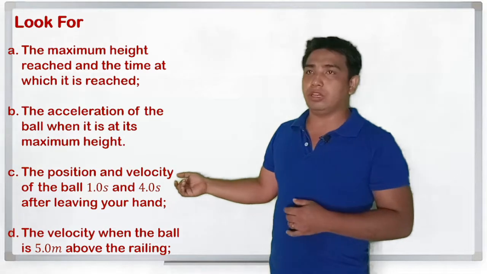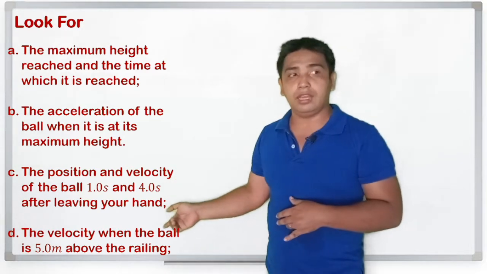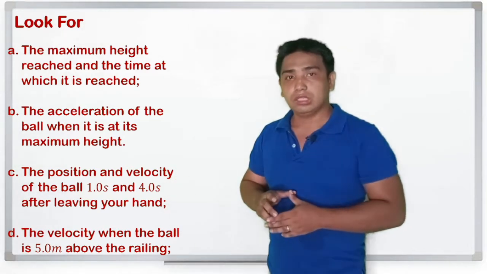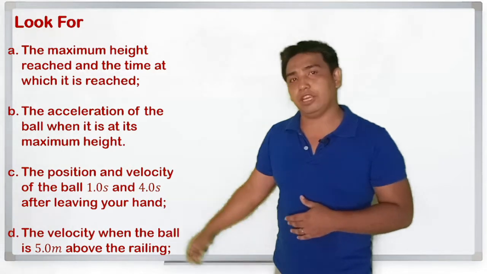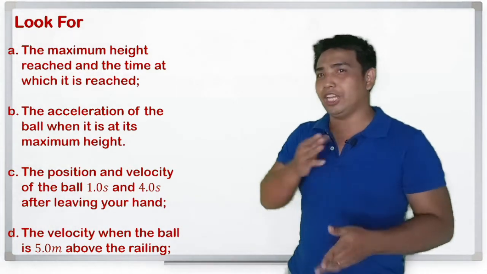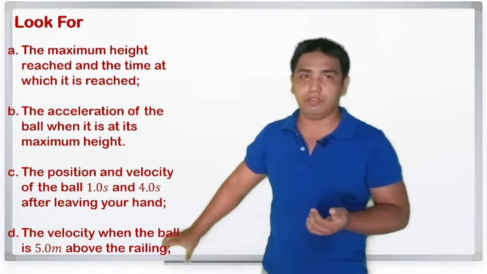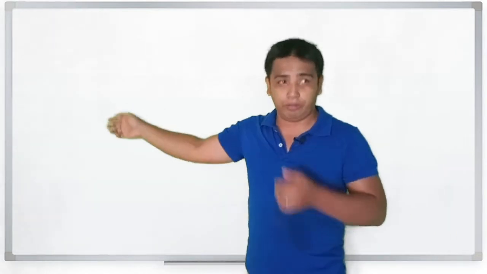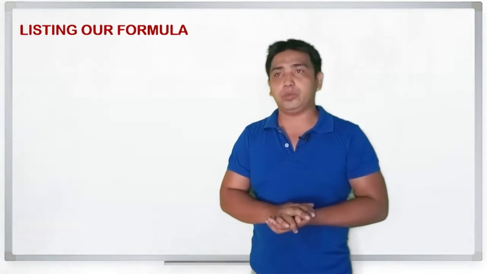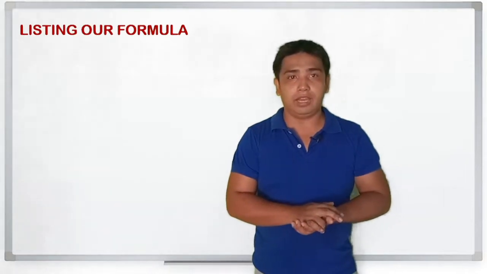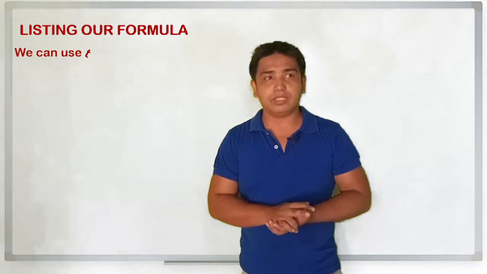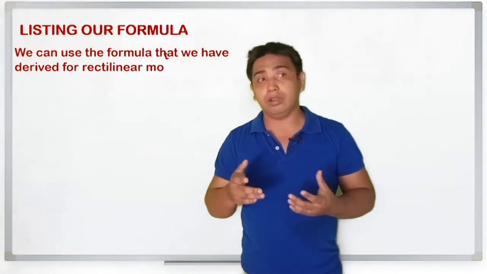You will notice later on that there is no easy solution for this, and we have to challenge ourselves to look for a new formula that we can use to solve this. So let's start by listing our formula, which we have just derived in our previous study of rectilinear motion.